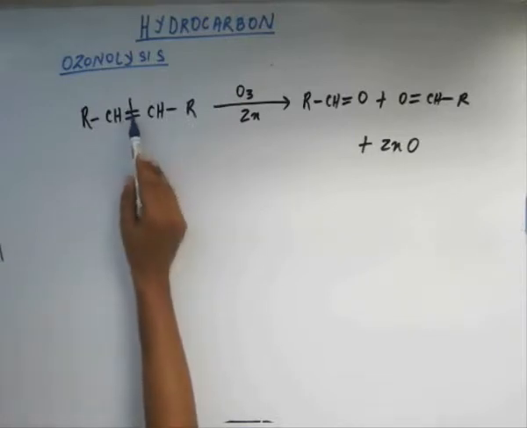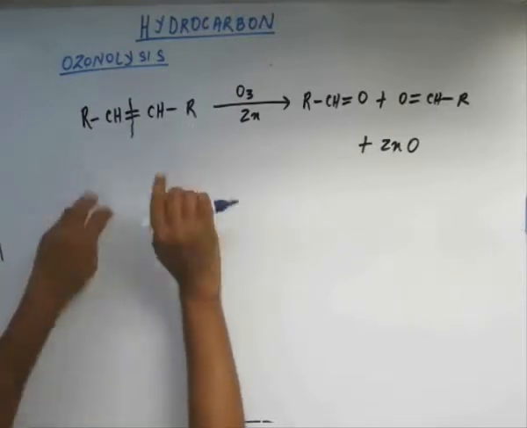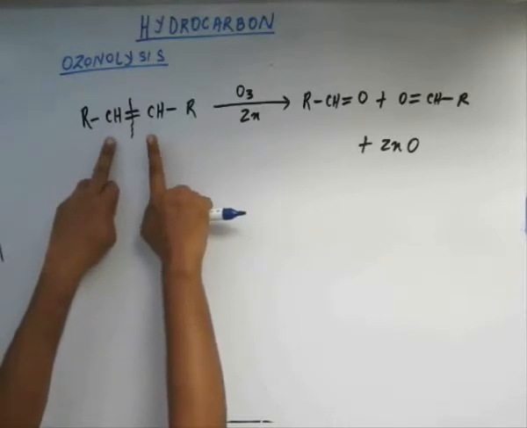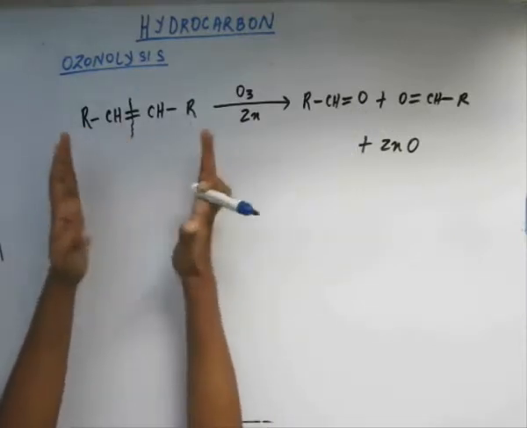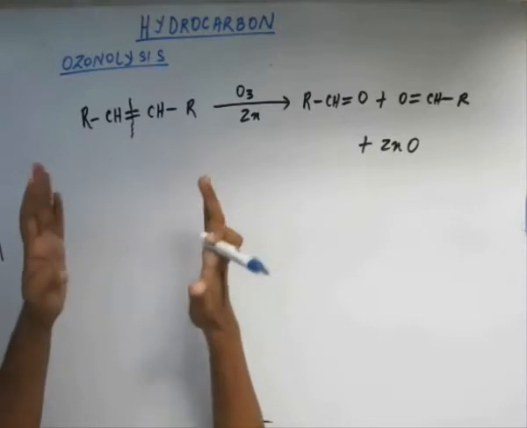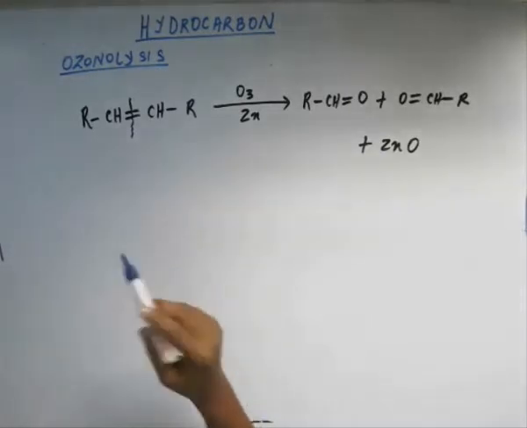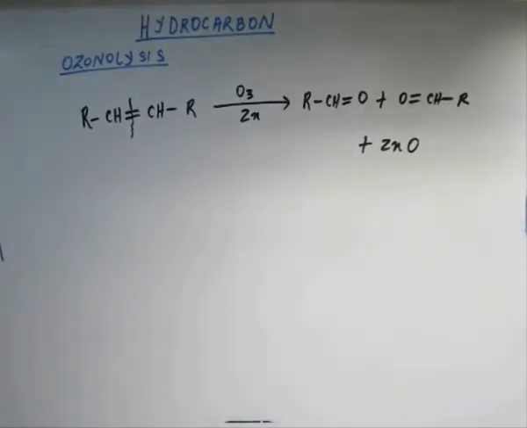You break the alkene into two halves, and the carbon that was forming a double bond with another carbon will now form a double bond with oxygen. That's how you do the lysis of this alkene, and this reaction is called ozonolysis.